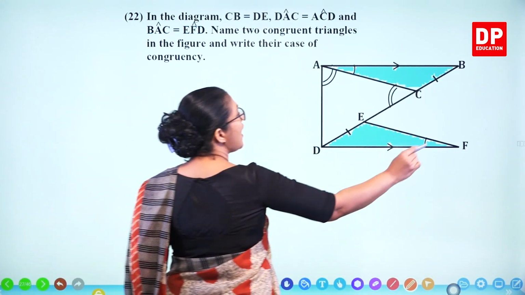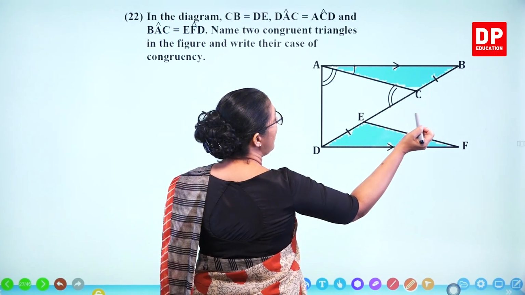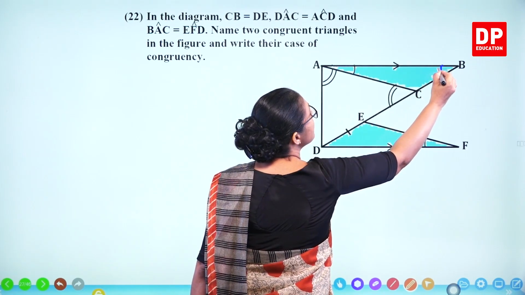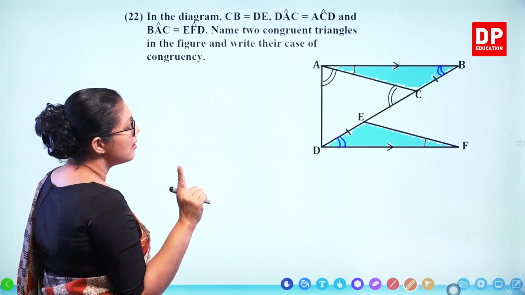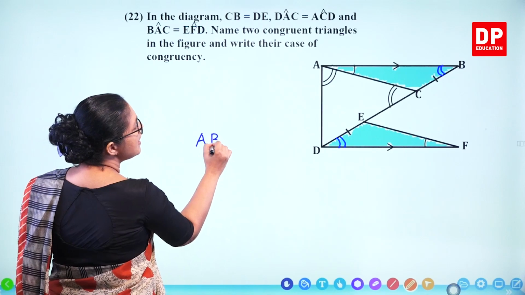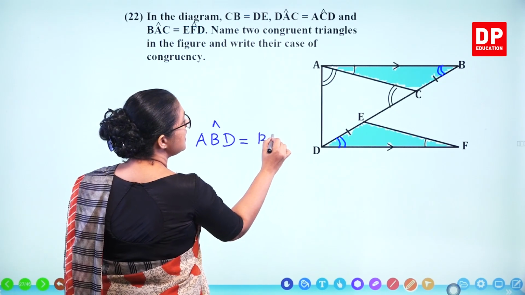We know these 2 lines are parallel. So here, and also these 2 lines are parallel. This angle is equal to this angle because of alternate angles. So ABD is same as BDF.